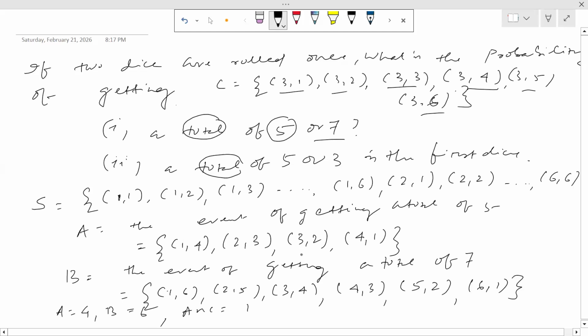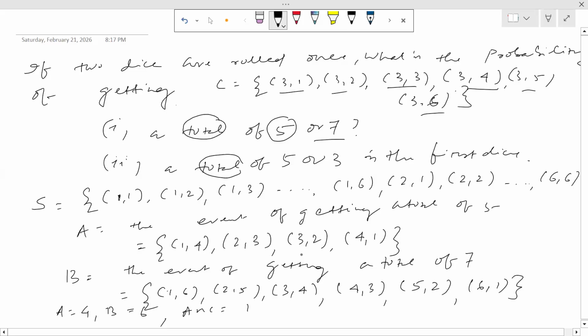A is the event of getting a total of 5, right? Or 3 in the first dice. Bhakti madam? Sir, the answer is A intersection C is 1.